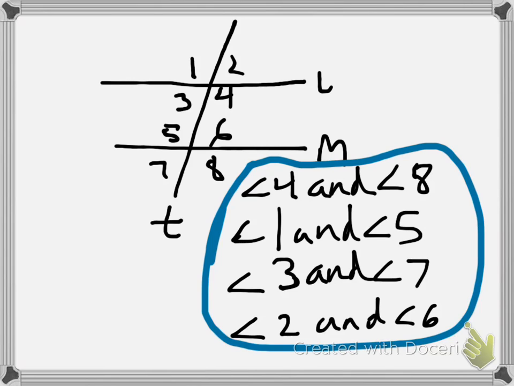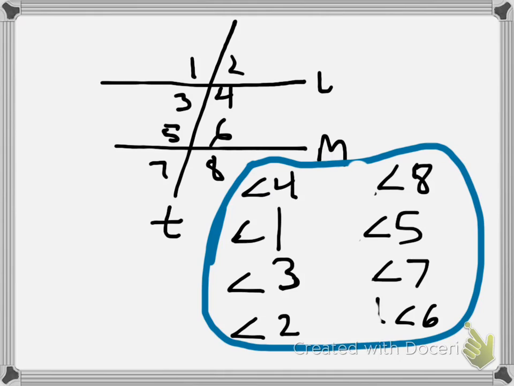Let me just erase these "and"s and put congruent signs. So these angles are congruent, and also corresponding angles. That's a very bad congruent symbol, but we'll just manage. Okay, there.